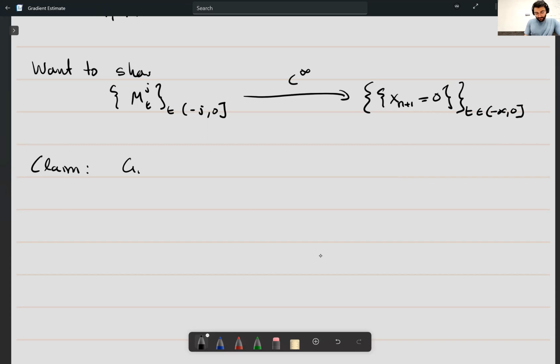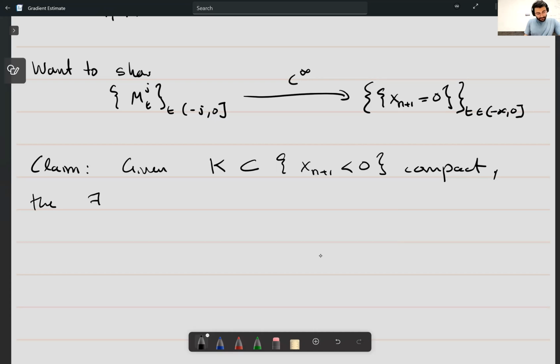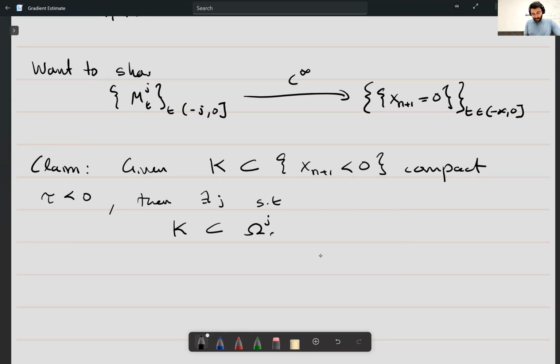Okay, so if I'm given a compact subset K of the lower half plane, and I'm given some tau, some time less than 0, then there exists some j such that K is a subset of omega_j,t for all t greater than or equal to tau.